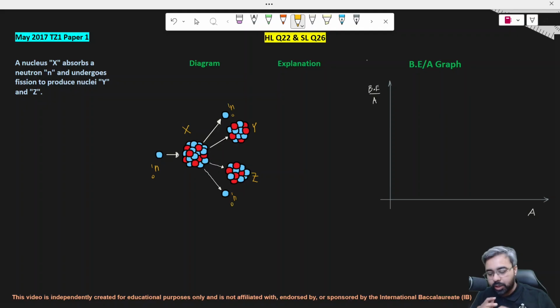Now, in a real question, the letters are assigned just symbolically, but in reality, we have one prominent example of a nuclear fission reaction of uranium.